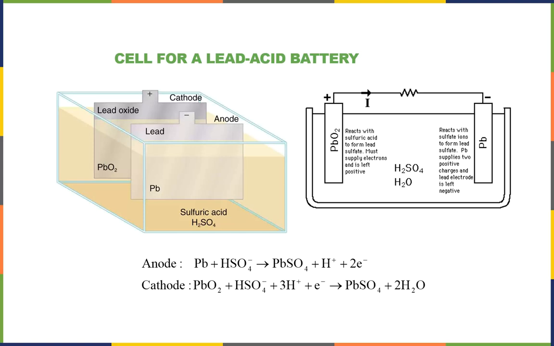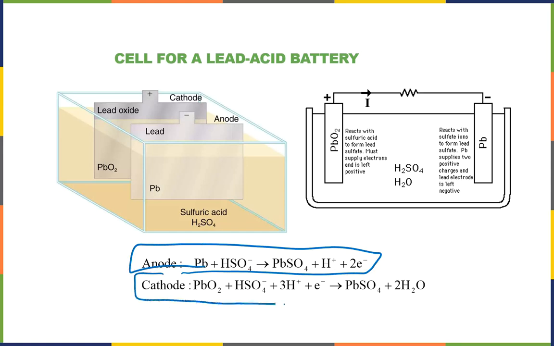So the way this works is you have chemical reactions that occur at the two different types of metals. So the lead oxide with sulfuric acid is going to have an electron that it absorbs to produce lead sulfate and water.